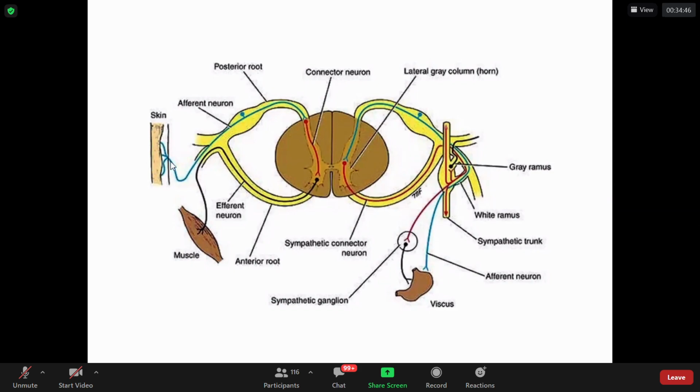This one is coming from the skin, this one from the viscera. This one is going to the skeletal muscle. This one is never ever going to the skeletal muscle. It is going either to the smooth muscle, or to the cardiac muscle, or to the glands. So these are the targets of these autonomic efferent fibers.